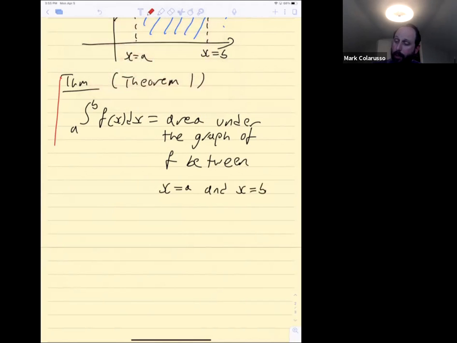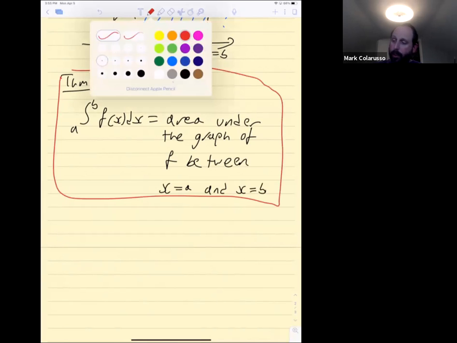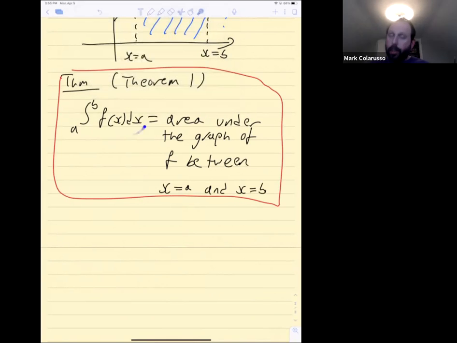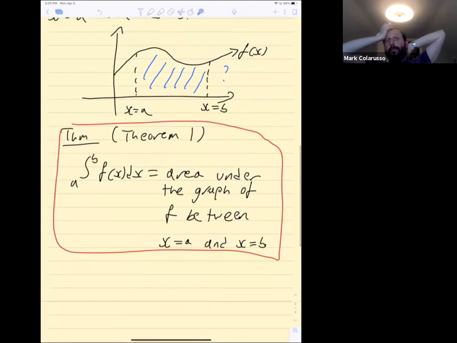And like I said, this is a pretty amazing result, right? Because it connects a calculus thing about antiderivatives, which I view as an algebra type thing, reversing the power rule, sum rule, all these algebraic tools we have for computing definite integrals, to something very geometric, namely the area under the graph.